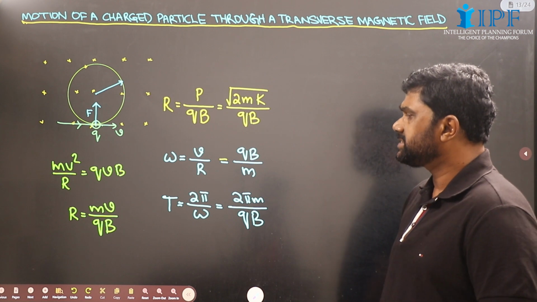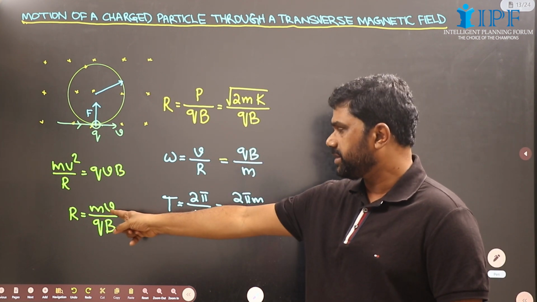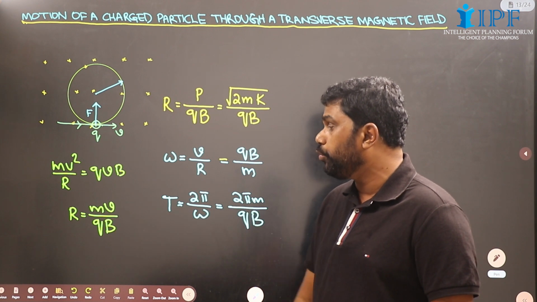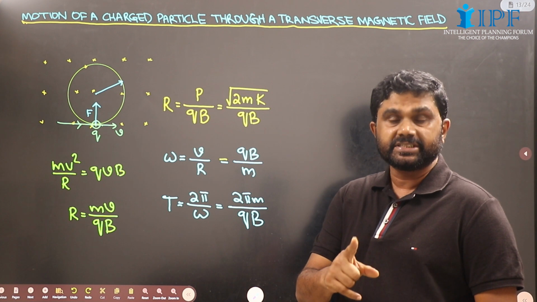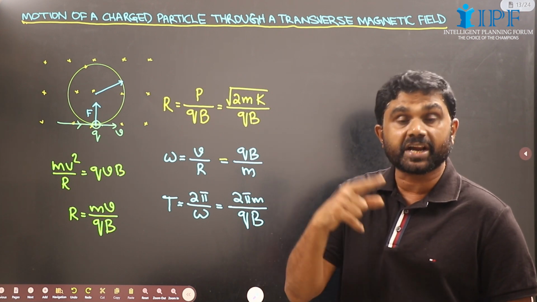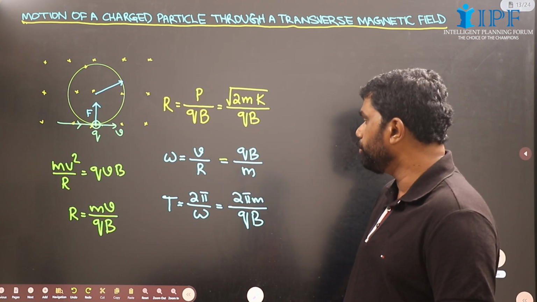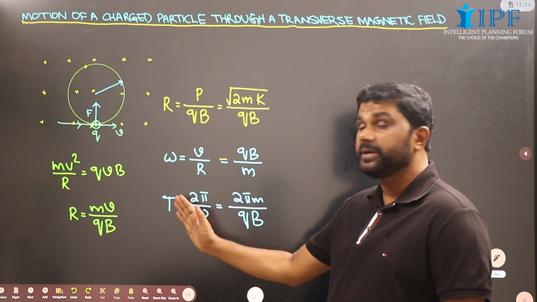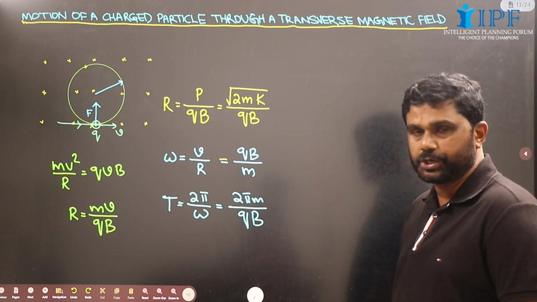And what is the angular speed? It is v by r. From here, v by r will be qB by m. So angular speed is independent of the speed of the particle. It is independent of the radius of the circle in which it is moving. So omega equals qB by m, and the period, the time required for one complete revolution, is equal to 2 pi m by qB.